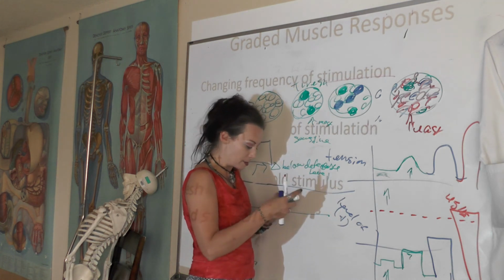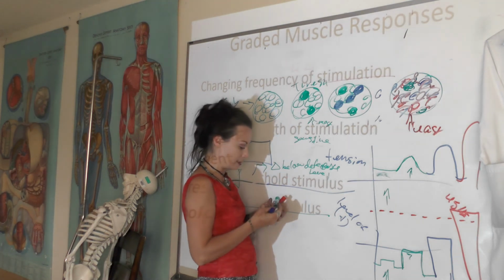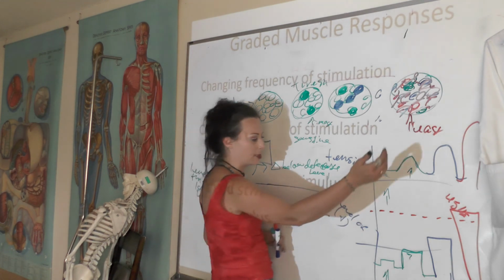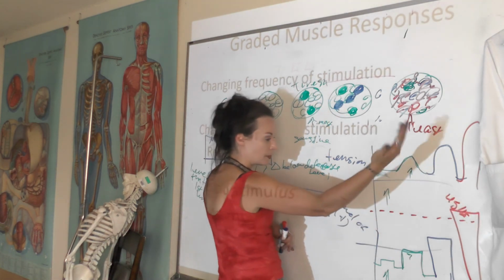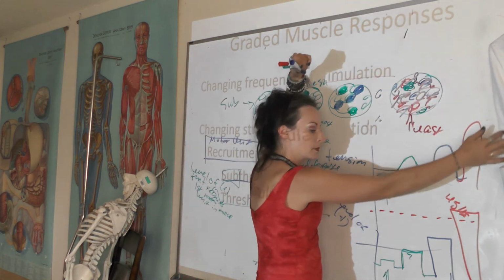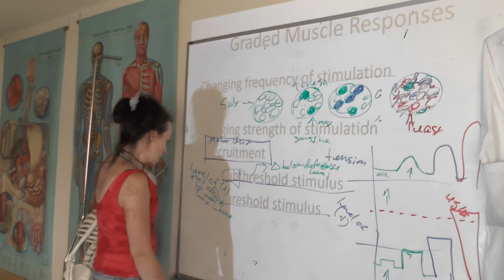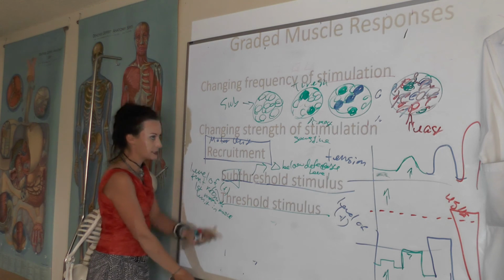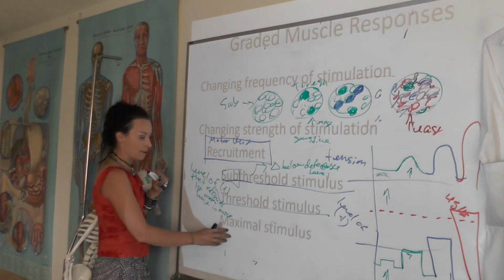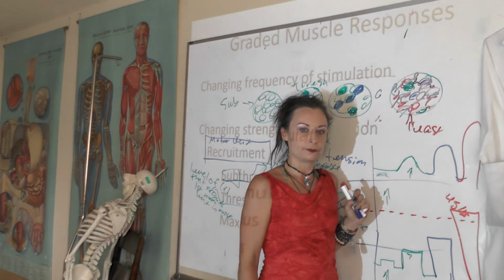Okay, so I'm some poor frog hooked up to some scientist's test thing to teach some students some lesson, and the next thing that they do is they deliver 50 pounds of stimulation. Can I develop any more tension? With a higher level of stimulation beyond the recruitment of my last, least sensitive motor unit, the maximal level of stimulus my muscle can respond to, can I generate any more tension?